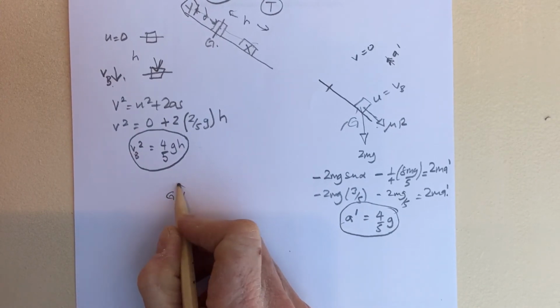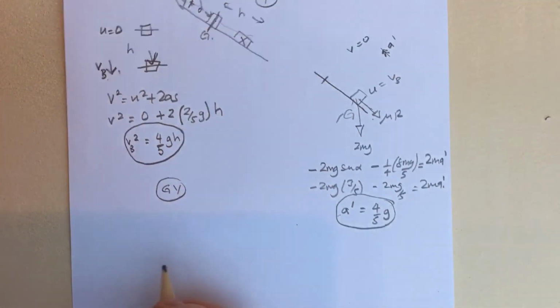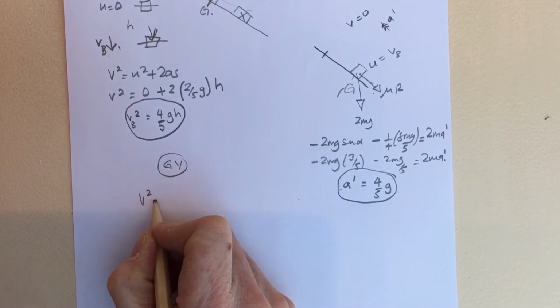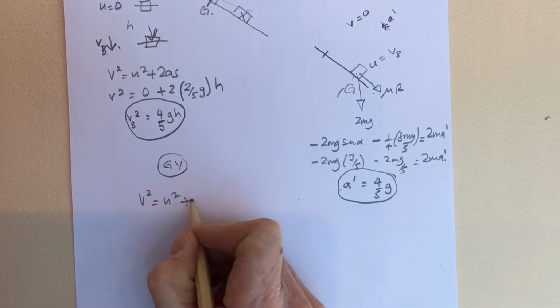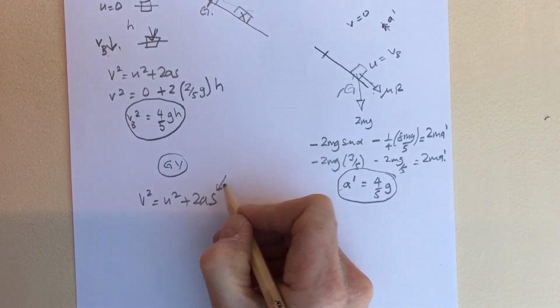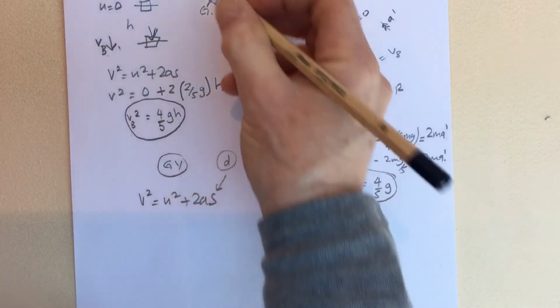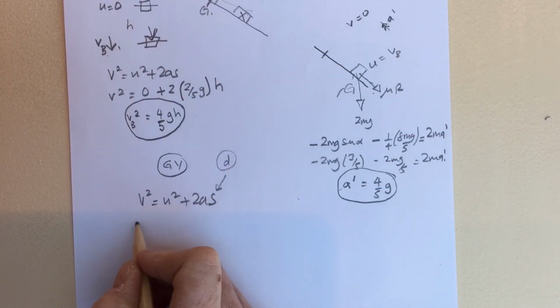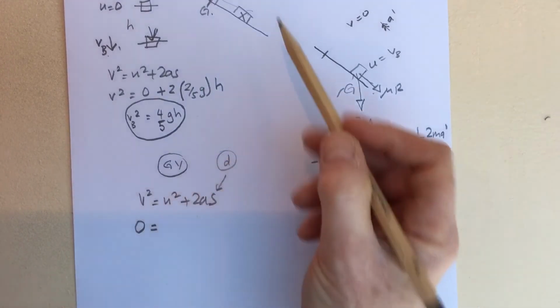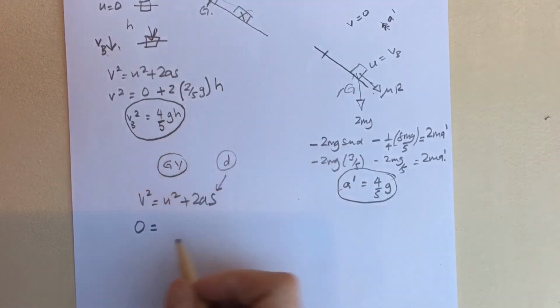So we would have v squared is equal to u squared plus 2as, where this s is my d in my diagram. My v is 0 because it stops. U is my v_B, so I can leave this in this form.